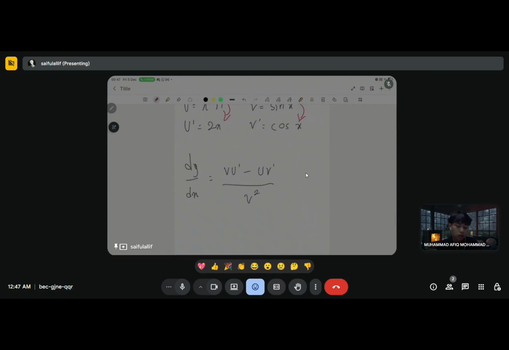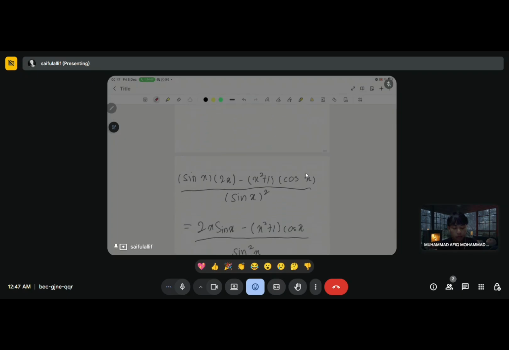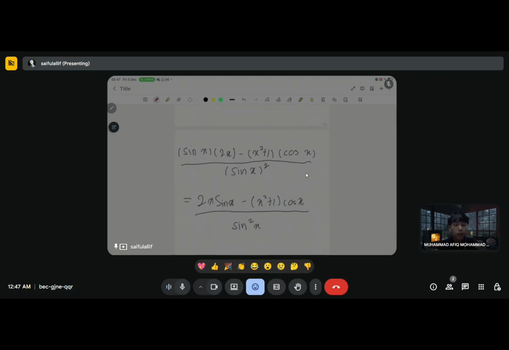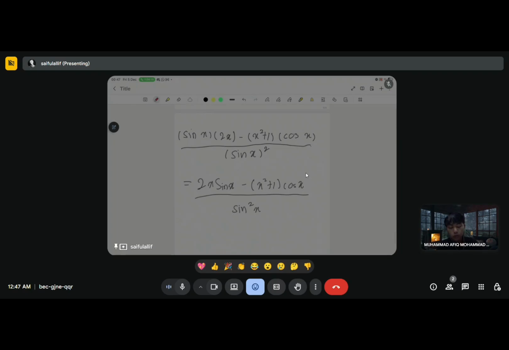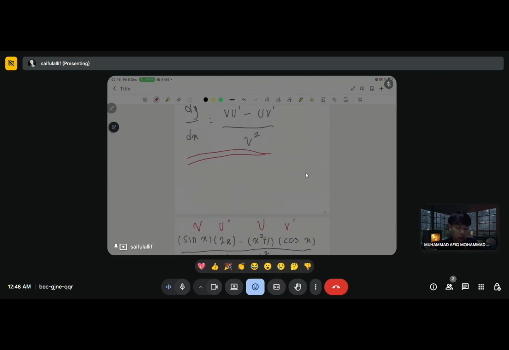In this question, we are going to use the quotient rule. This is the quotient rule formula: dy/dx equals (vu' minus uv') over v^2. Basically this is my vu' and this is my uv'.